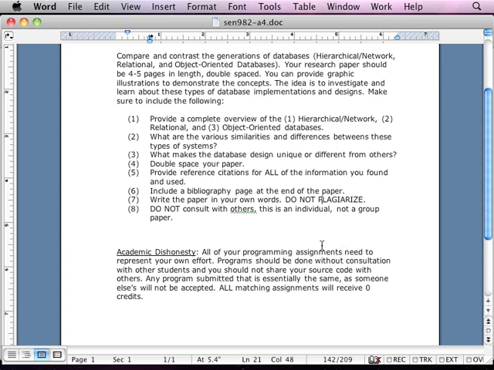That means you put your fingers on the keys of the keyboard, and you type words like, the hierarchical database structure consists of da-da-da-da-da. And it doesn't really matter if you write it yourself, you're going to get points for it. In fact, you'll probably get full points for it if you write it yourself.